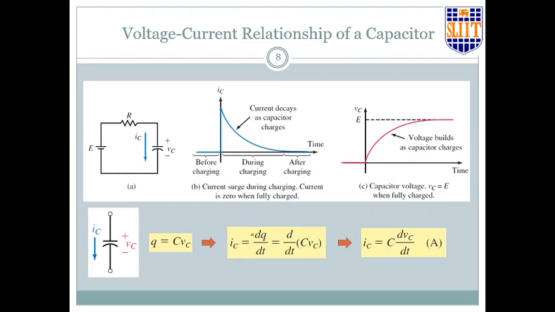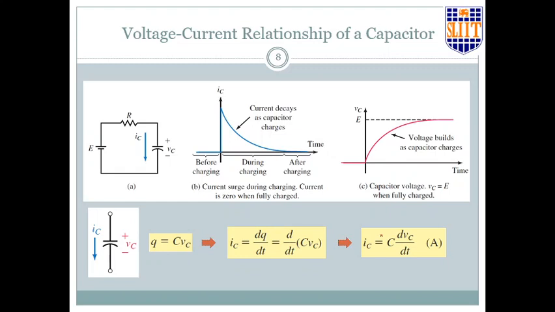So charge transfer rate, dq by dt, is actually our IC, which means q has to be differentiated by t. C is a constant, so we can take it out. So IC becomes C dVc over dt. So that is the time domain relationship between the current and the voltage of the capacitor.